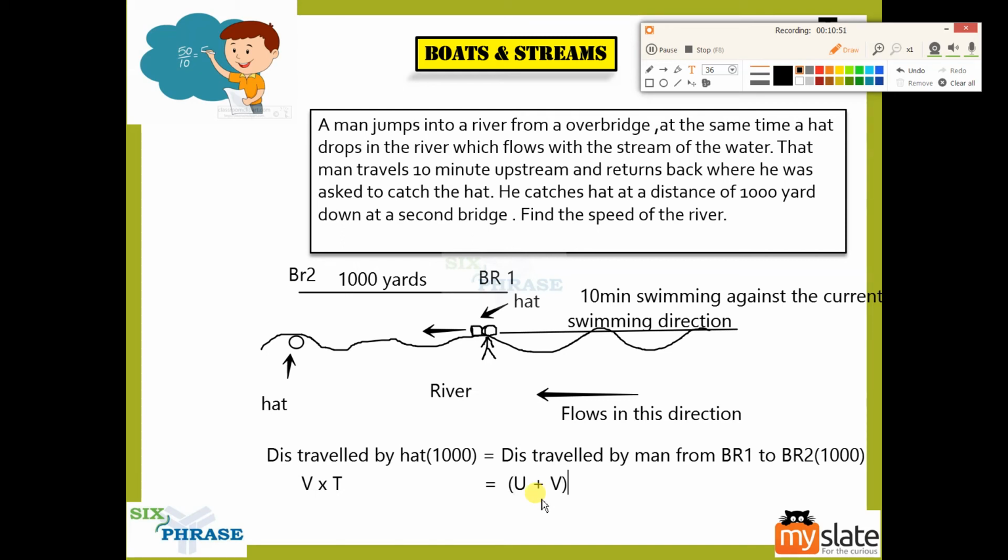Now, what is the time taken? This is where you have to concentrate a little bit. What is the time taken by this guy to move from here to here? We assume that to be t because the hat is just moving from here to here. So from here to here the time you can take to be t, but this guy swims this way for 10 minutes.